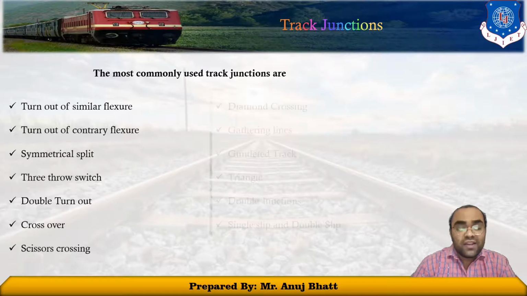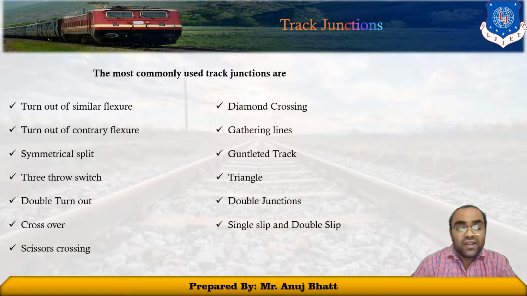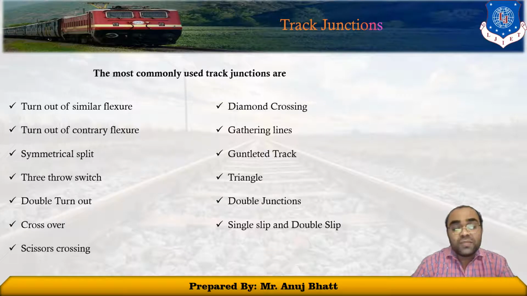Those are the turnout of similar flexure, turnout of contrary flexure, symmetrical split, three-throw switch, double turnouts, crossover or scissor crossings, diamond crossings, gathering lines, gauntleted track, triangle, double junctions, and single slip and double slip. These are some of the most commonly used junctions in the railways.